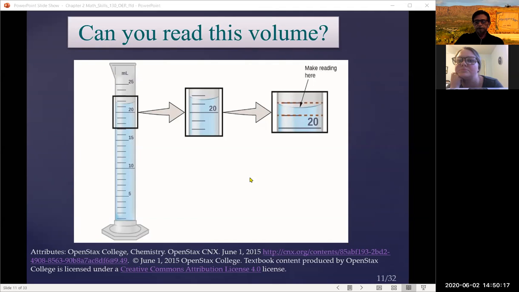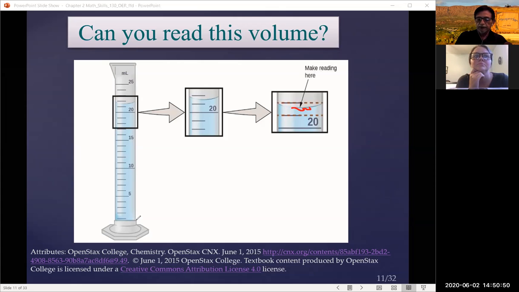We're going to possibly have some examples where we have to read a volume. What happens with most liquids, when you put them in a cylinder, is they form this concave shape. We call that the meniscus. The way we read that is we read the bottom of the meniscus, right in this area, and we go to the scale. When you read this, be aware where your scale starts.